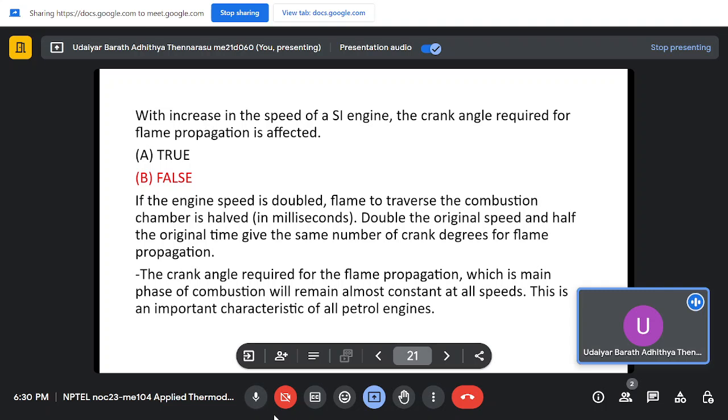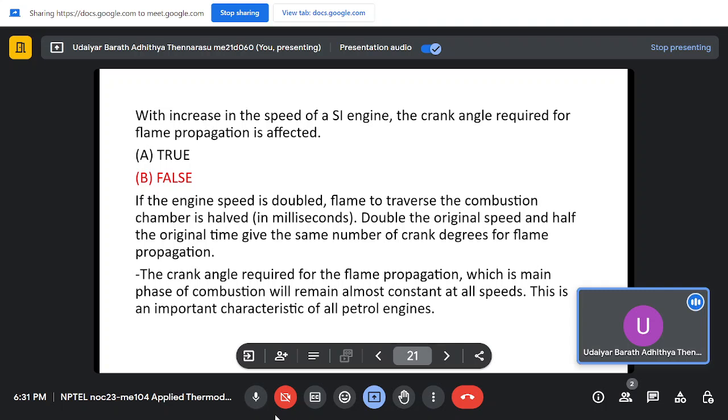If the speed is doubled and the time required is reduced into half, it'll give me the same amount of crank rotation, because these are opposing parameters. So the crank rotation in terms of degrees will remain same for flame propagation.